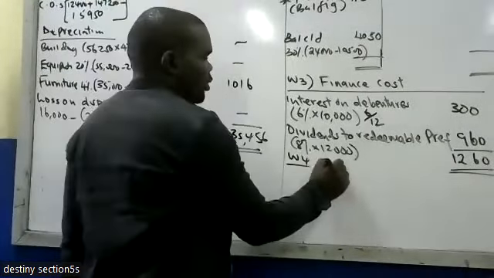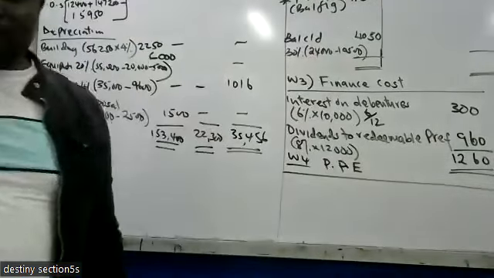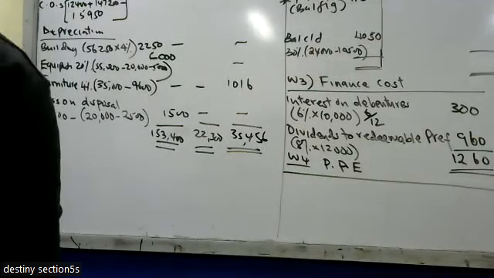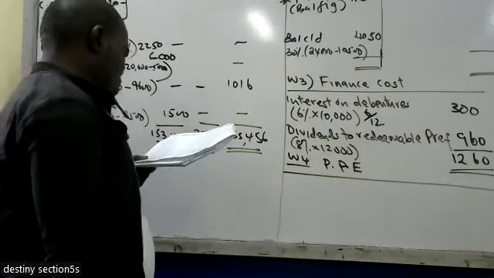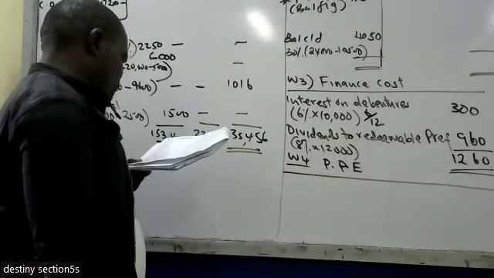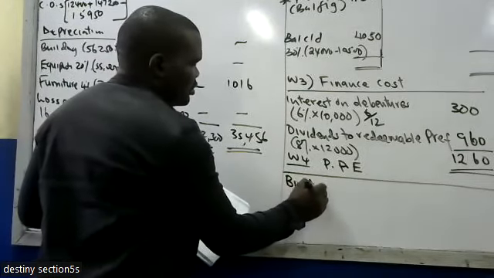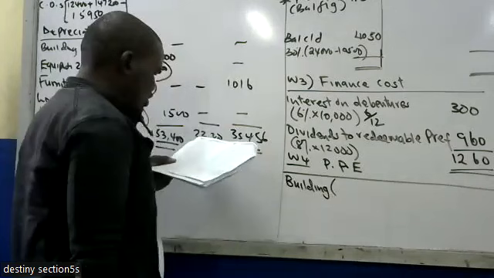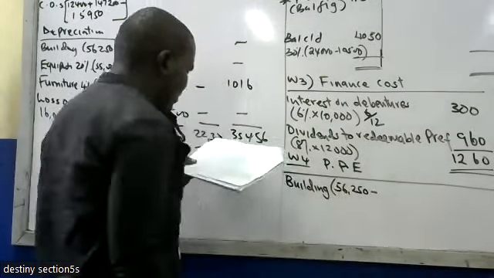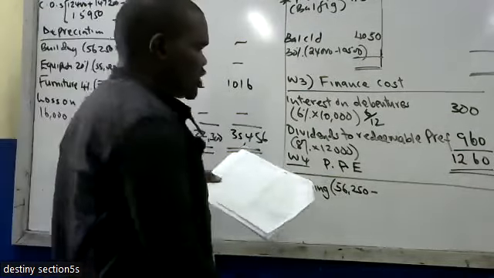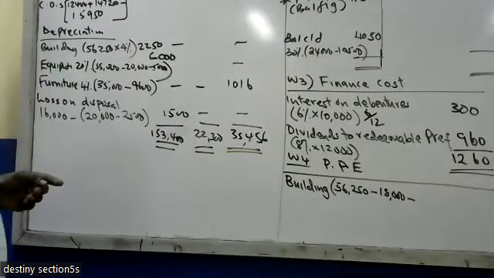So working for property, plant, and equipment. So we had leasehold building. So building, the cost of building was 56 to 50 minus accumulated depreciation, which was 18,000. Minus depreciation you charge on buildings.